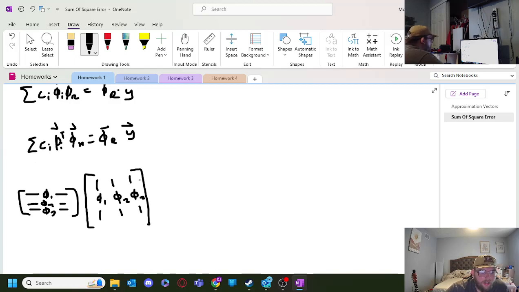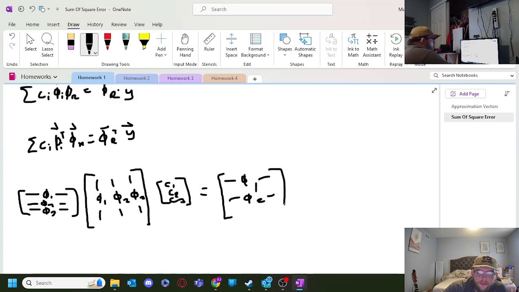So that's going to repeat like that. And then we also have our coefficient matrix, our C1, C2, C3, equal to, once again, a transpose, so that'll be a row matrix. This is our phi 1, phi 2, our phi 3, and then our column vector of our known values.